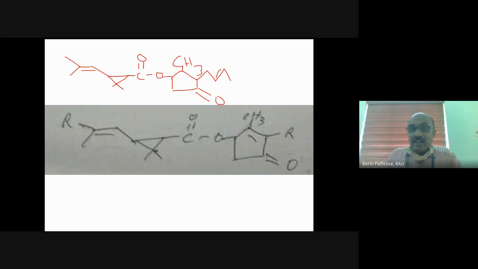And if I am adding one more carbon atom, what will it be? Esters of jasmolone. Yes, good. If I am putting a double bond over here, it will be esters of pyrethrolone.